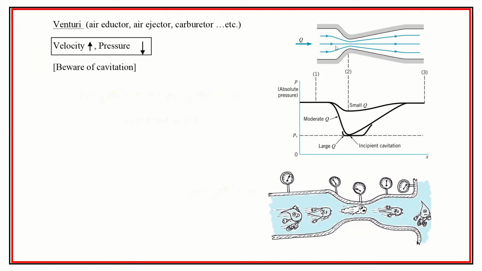We can actually use this Venturi. It's a very useful component to know about, because when the velocity goes up, the pressure goes down. And this is used in something called an air reductor, an air ejector, and carburetors.